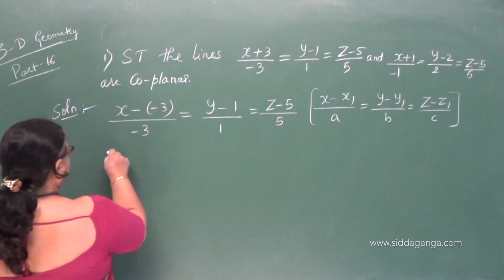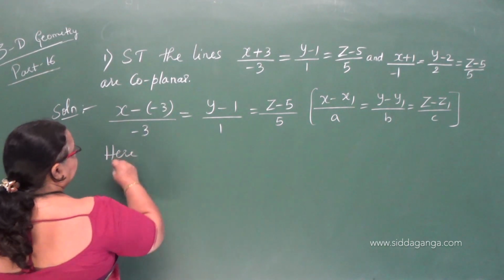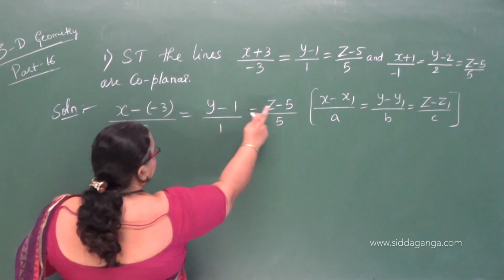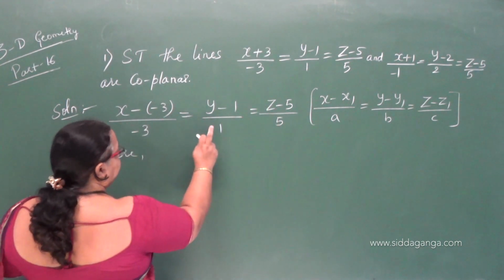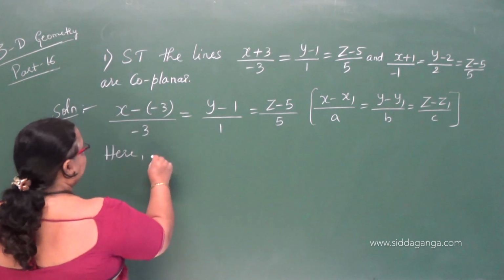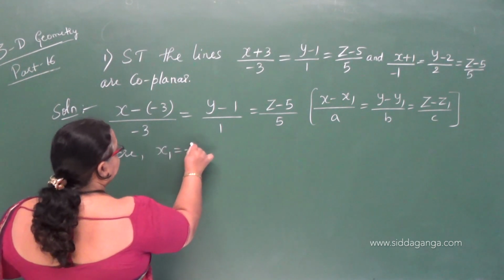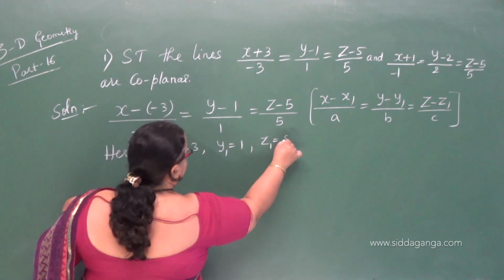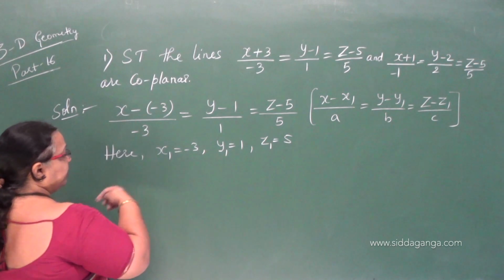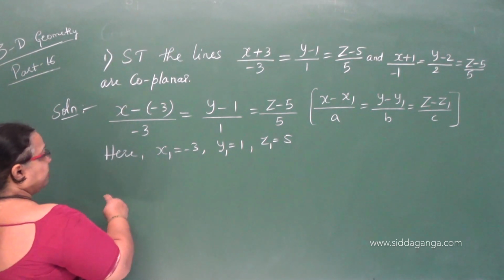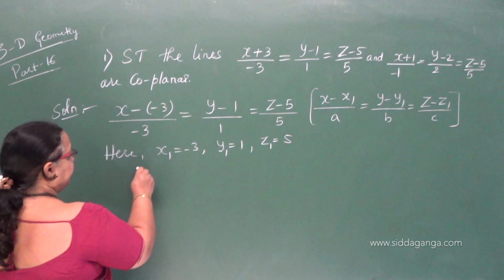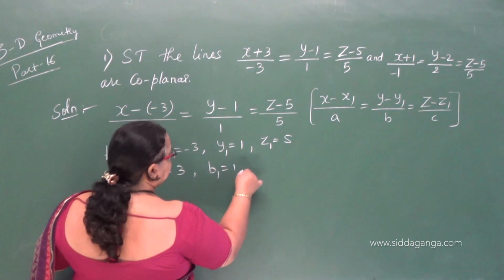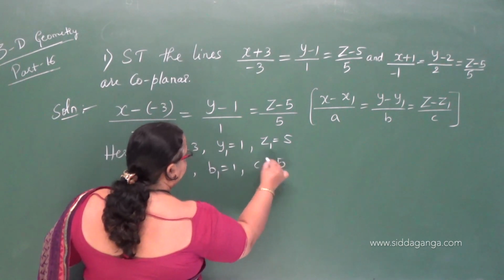So here this is line 1, with x1, y1, z1 and a1, b1, c1. So here x1 equal to minus 3, y1 equal to 1, z1 equal to 5. Now a1 equal to minus 3, b1 equal to 1, c1 equal to 5.